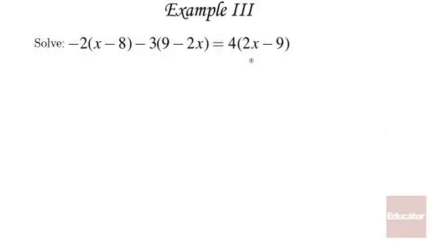Third example is to solve, and we can use the properties we discussed today in order to solve this. So first, I'm going to need to get rid of these parentheses, and I can do that by using the distributive property.